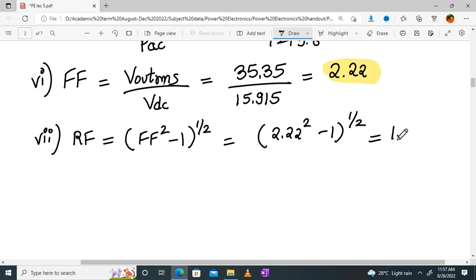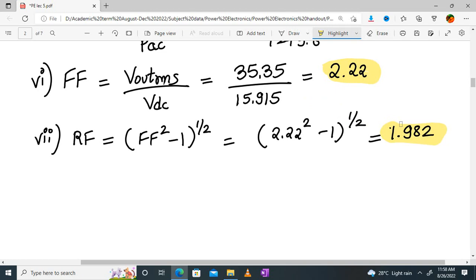Is it 1.98? Yeah, correct. It's 1.982. Everyone getting in sync? Anyone getting different answer? Let me know immediately.